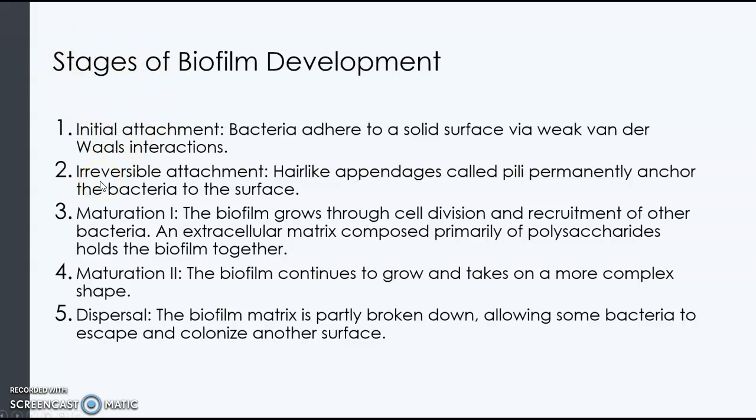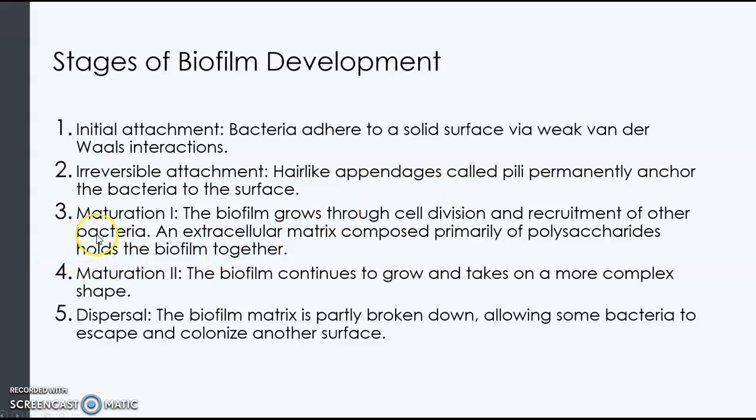But once they reach step 2, the attachment to the surface is irreversible. They're attached to their surface by pili. These are like hair-like structures that extend out from their cell walls or from their capsules. And those pili anchor the bacteria to the surface that they're growing on.